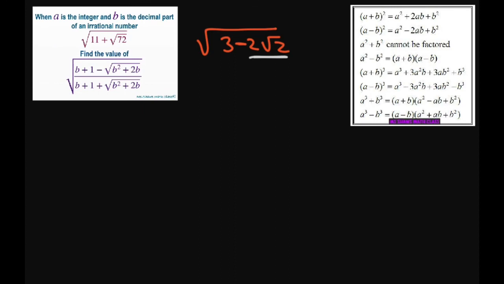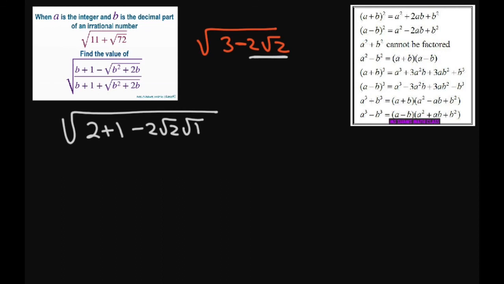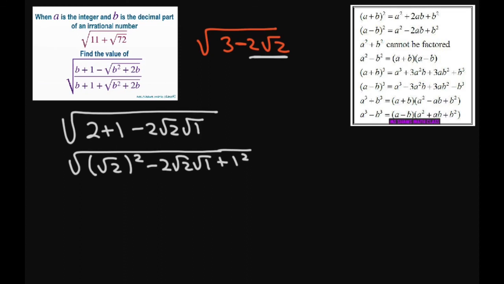So we're going to write this as square root of 2 squared minus 2 times square root of 2 times square root of 1 plus 1 squared.